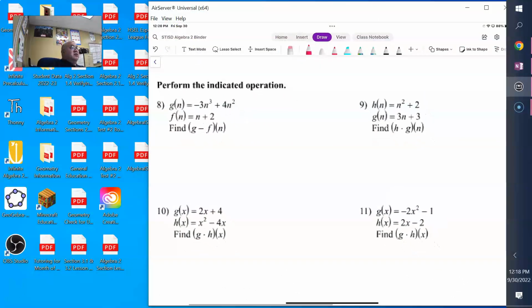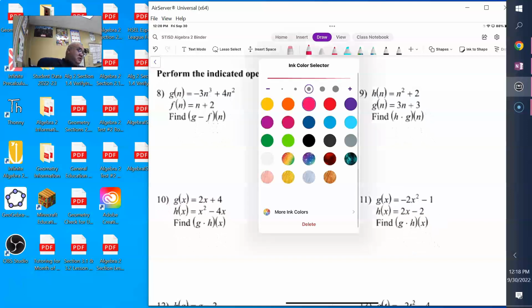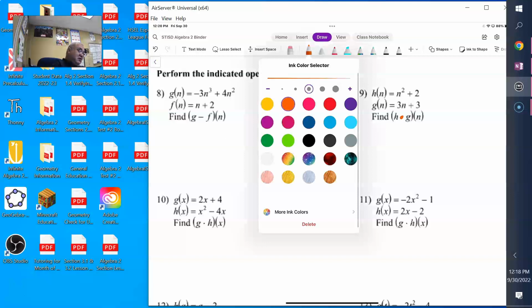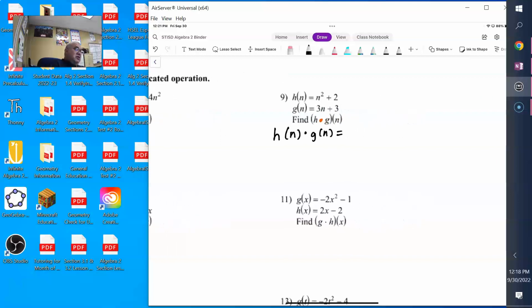So number 9, it says perform the indicated operation. Remember, this is not composition, this is actually multiplication. So what we have is h of n times g of n. So that will be n squared plus 2 times 3n plus 3.